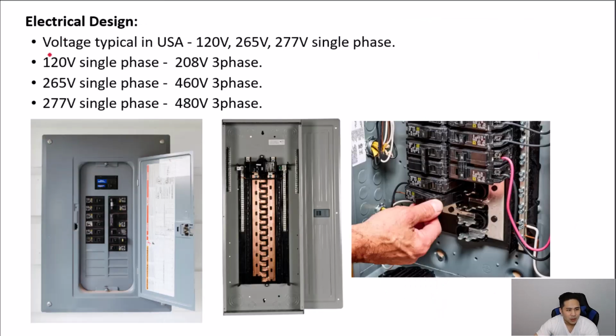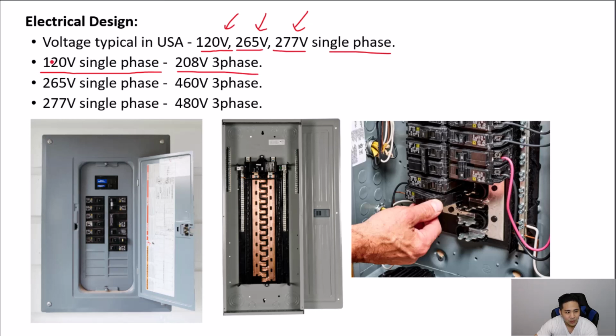All right, so the typical voltages in the US are 120 volts, 277 volt single phase. So these are the three common ones that you will encounter in the US. The single phase is going to be the most common one is the 120 volt single phase, which if you have three of these 120 volt single phases, you get a 208 volt three phase.